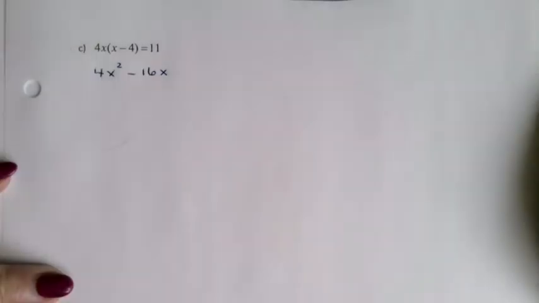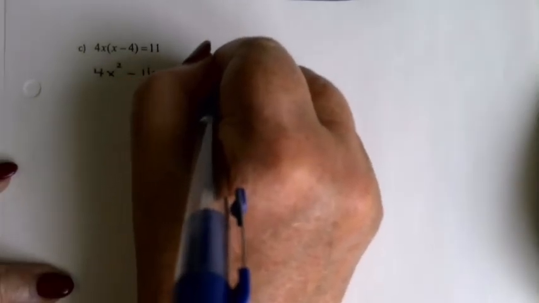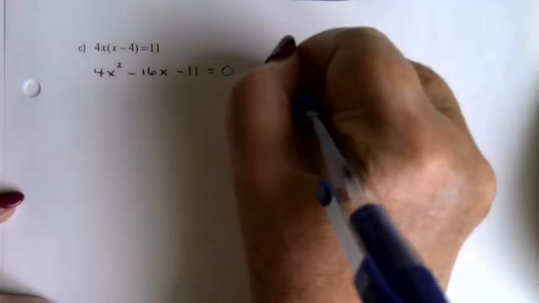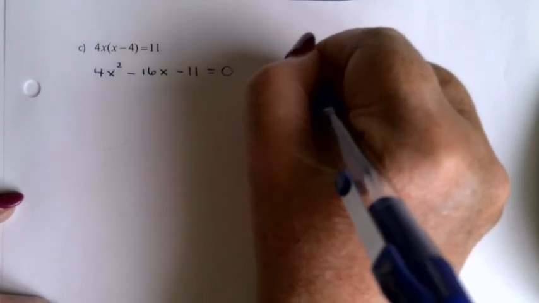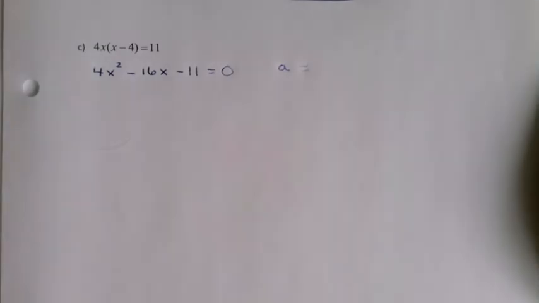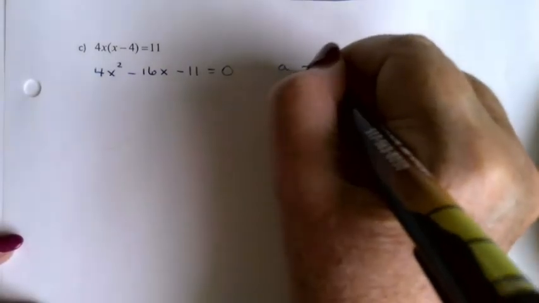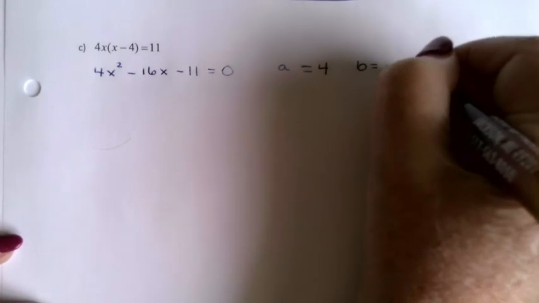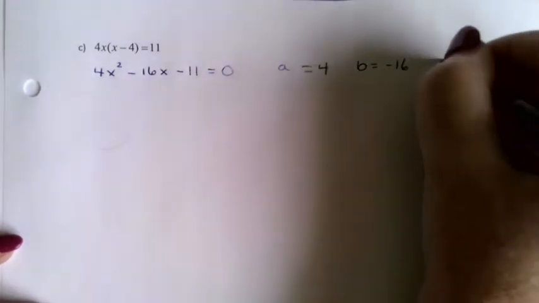And then if it's okay with you guys, I'm going to go ahead and subtract the 11 as well in order to get that to equal 0, which I have to use my quadratic formula. So this time, looks like I need a new pen. This time our A is 4, B is -16, and C is -11.